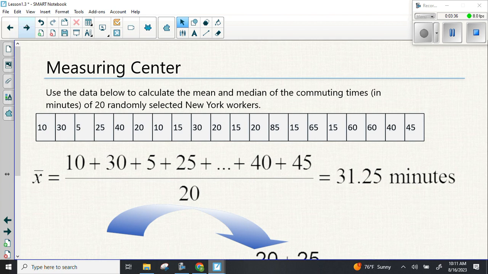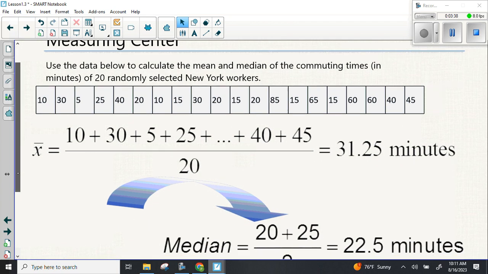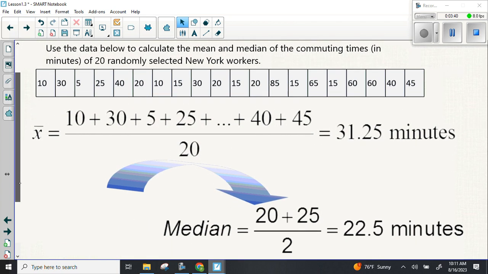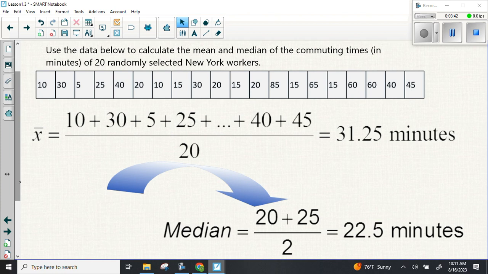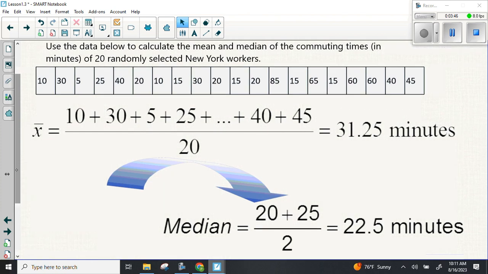All right, so we're going to calculate the mean of these. We're just going to add them all up and divide by the total number of observations. The median is the exact middle. So why am I adding this 20 plus 25 and dividing by 2? Well, let's look at it. We have 20 observations here, it appears, and I'm gathering that from this denominator here.